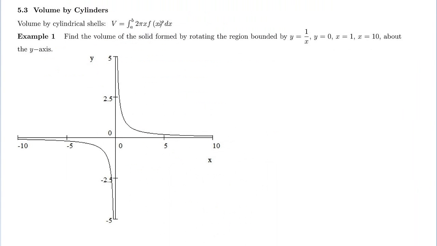So now each one of these shells here has volume 2 pi r f of x dx. If you take one of those cylindrical shells here and you cut it up the side and unravel it, so you cut it along here and you unroll that, then you are going to get a rectangle, actually a rectangular solid because it's got small thickness.